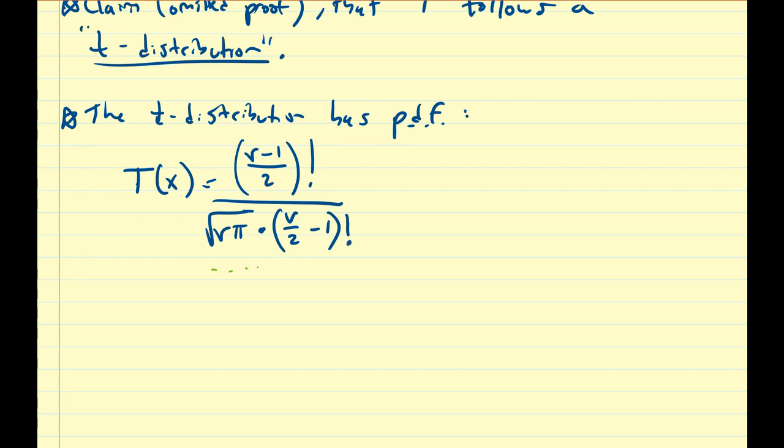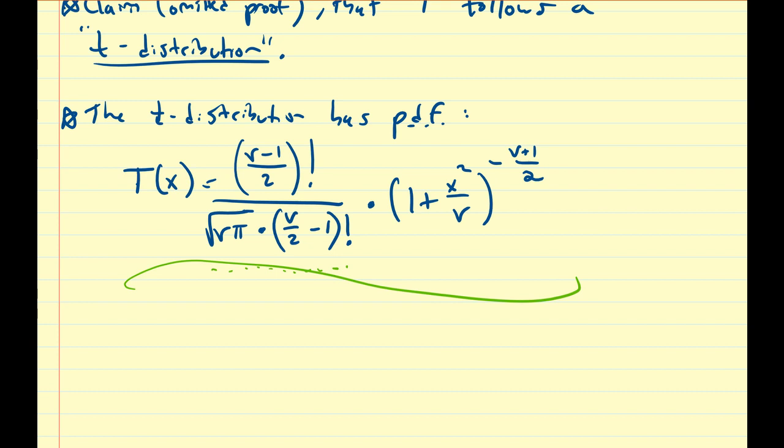Keep in mind that for some constant nu, this is going to be a constant. And then the variable part of this expression is going to be 1 plus x squared divided by nu, to the power negative (nu plus 1) divided by 2. So this is what we call the t distribution. Slightly complicated, yes, but this distribution does have some interesting properties associated to it, and that's what we're going to talk about in this video.